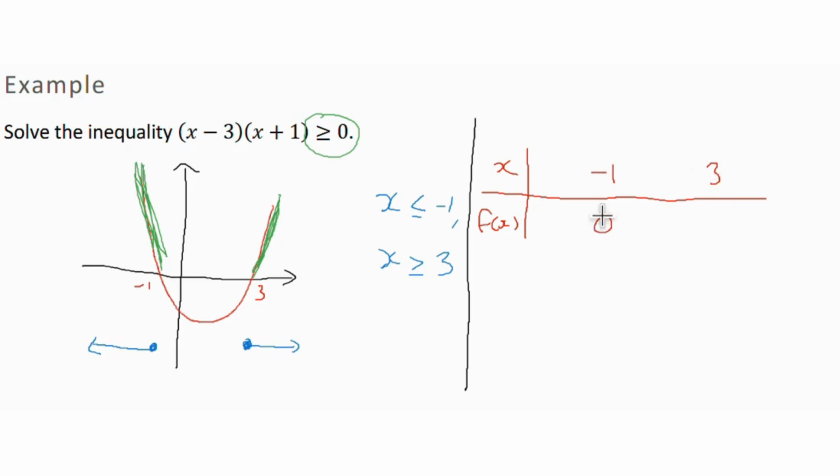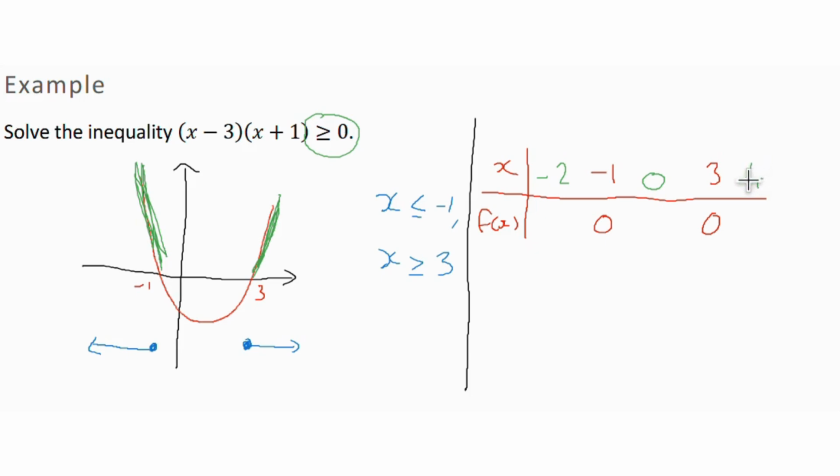And at those points, I know that f(x) is equal to 0 because they are roots. I'm then going to choose points on either side of those. So one point in the middle, maybe 0, one point to the left of minus 1, and one point to the right of 3. And for each of these, I'm going to work out the sign of the answer.